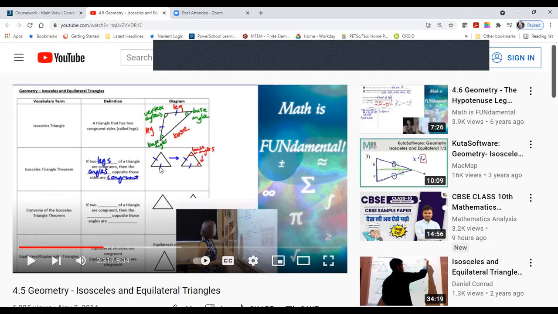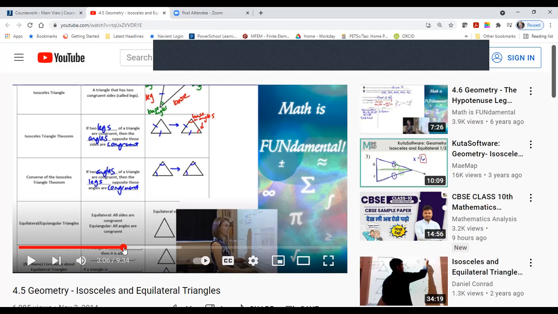So if this side is congruent, then the angle facing opposite is also congruent. So this one and this one are congruent. So this is the same.